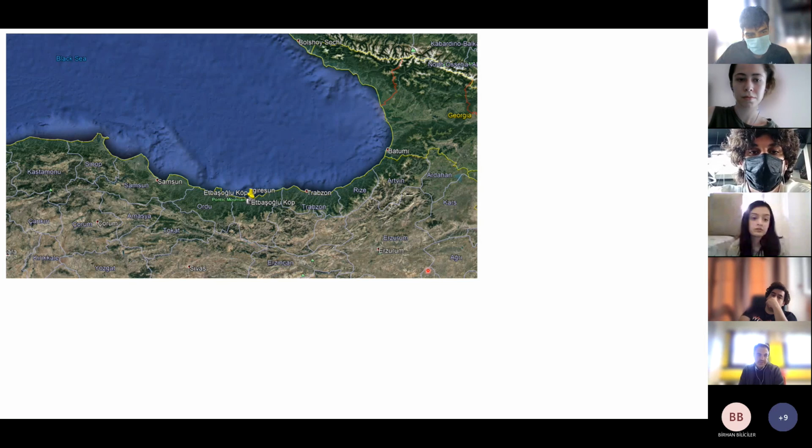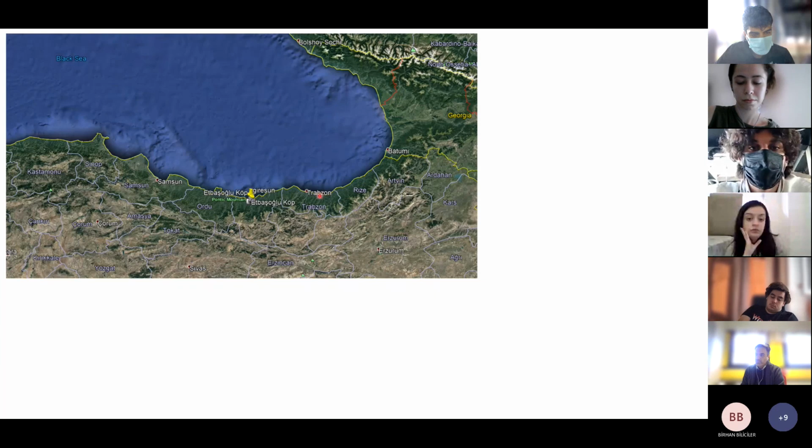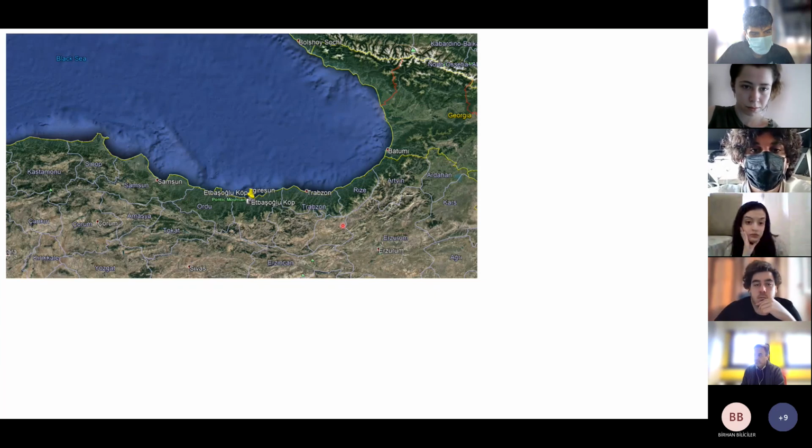An example, as I told, is the Black Sea region. This is a topography map of the Black Sea region. Look, here close to the Black Sea is green, but far from the Black Sea is gray, not green.